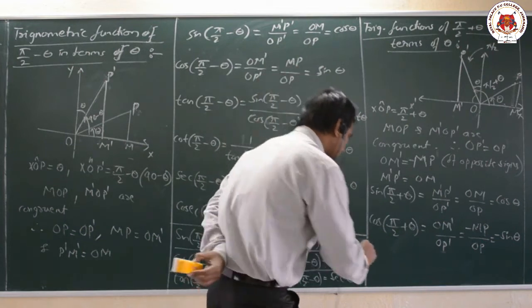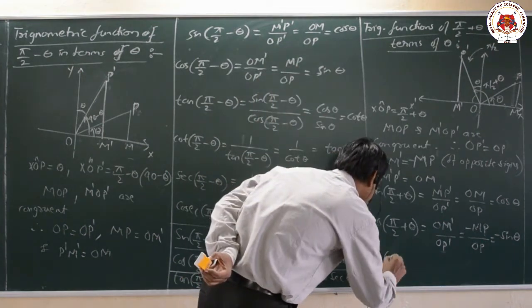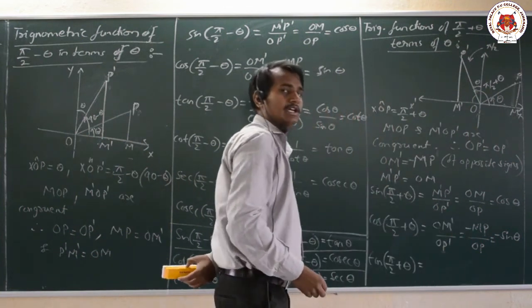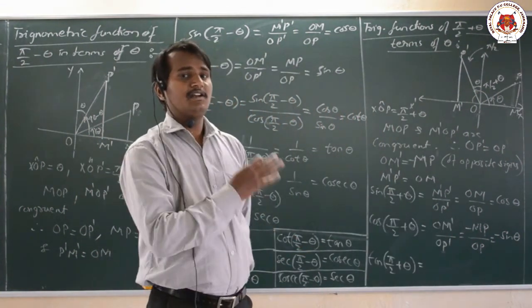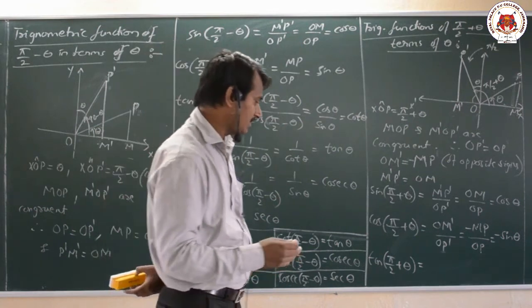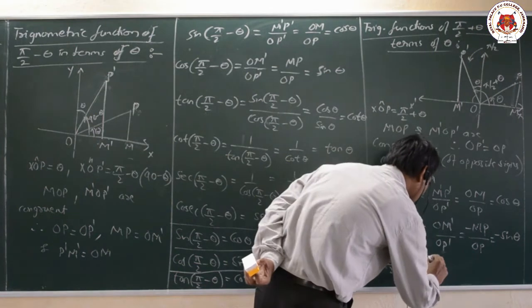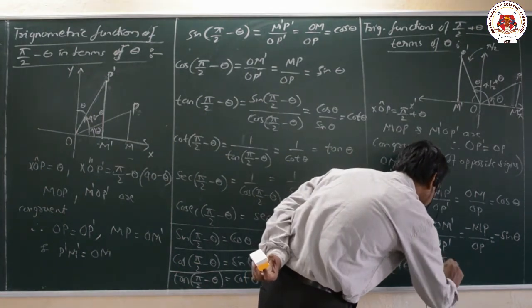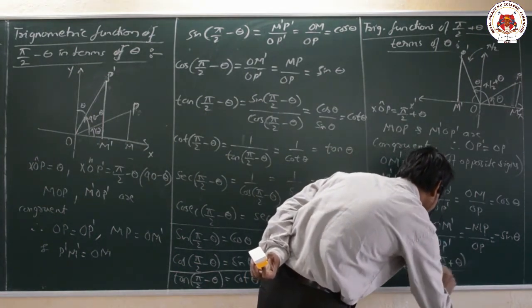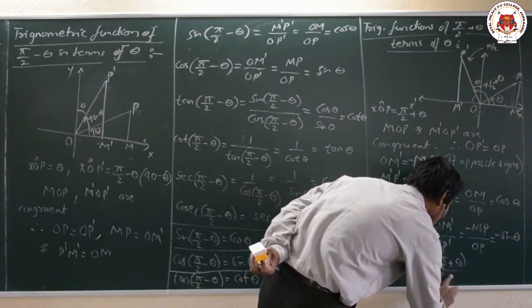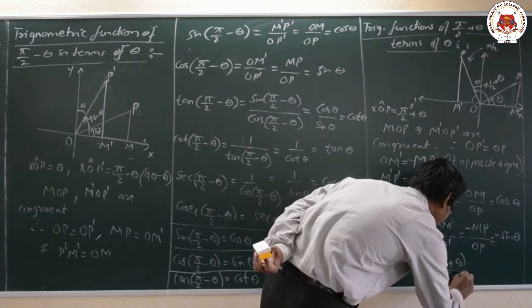Now let us learn about tan of pi by 2 plus theta. Instead of going through all these definitions, we can directly use the interrelationship between the trigonometric ratios or functions. Tan means sine by cos, that is sine of pi by 2 plus theta divided by cos of pi by 2 plus theta.